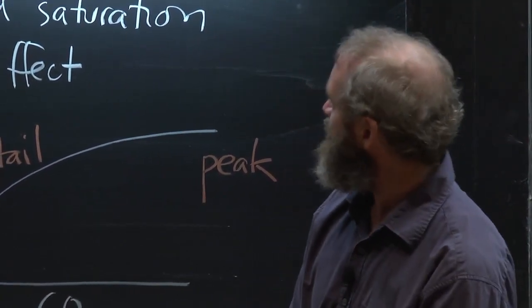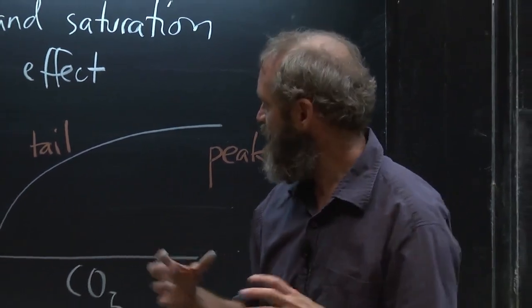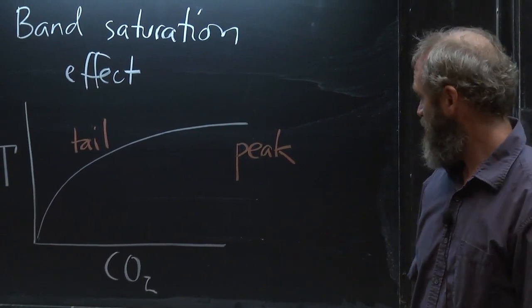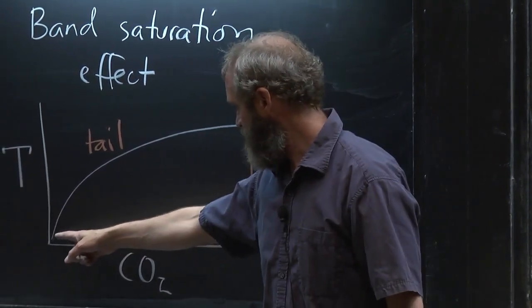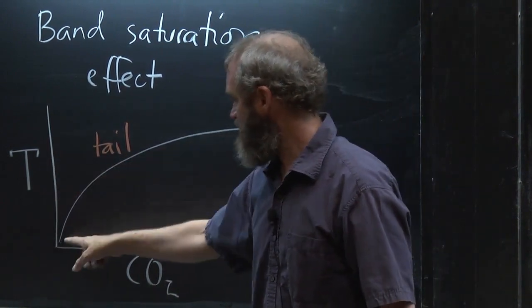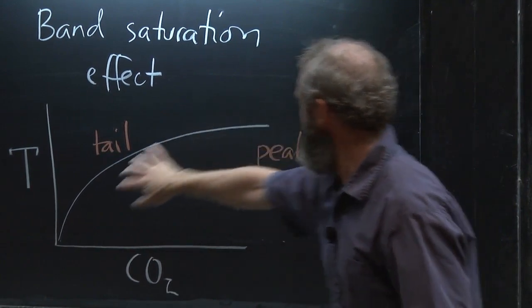And there are a couple of factors which tend to de-emphasize the peak and emphasize the tail. And one of them is the band saturation effect, which is the fact that when you add CO2 to the air, the temperature response is not linear, but it kind of bends over like that.